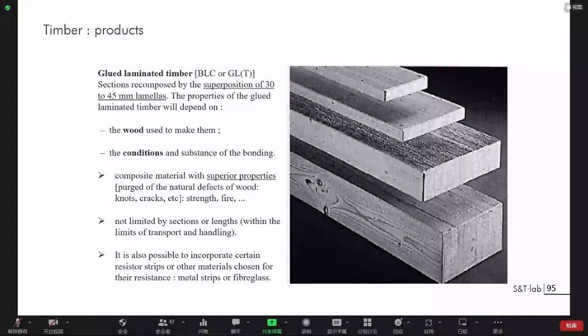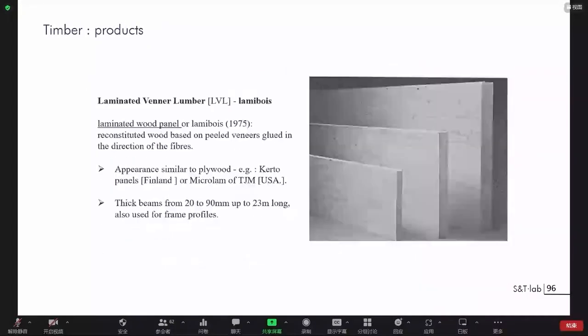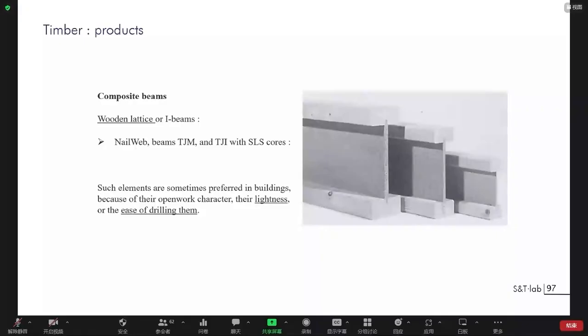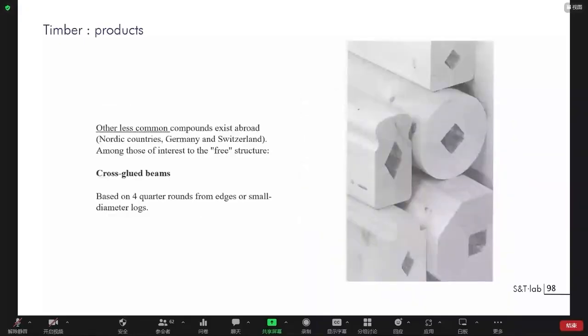Timber products such as glulam, as LVL, as for instance this panel, will produce very high resistance materials, and you have also the rated product that could be used, or even composed sections with small sections that could be reassembled.